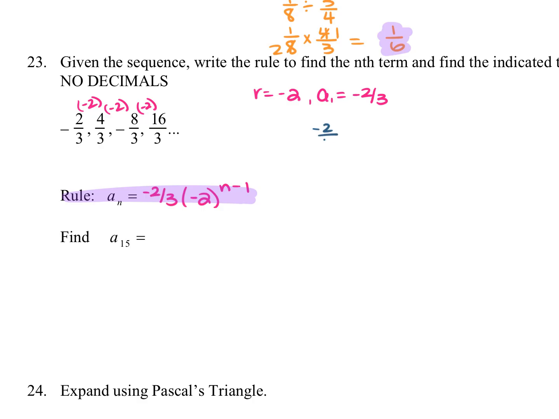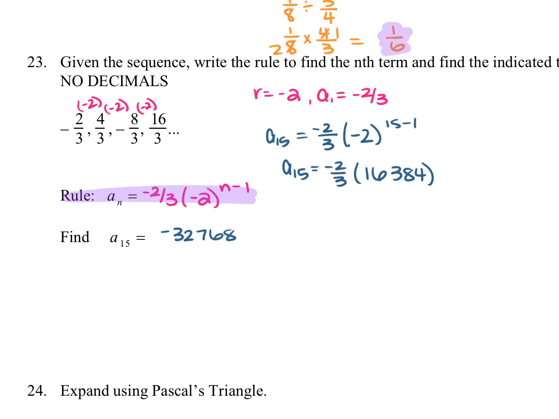So it's going to be negative 2 over 3 times negative 2 to the power of 15 minus 1. 15 minus 1 is 14. Negative 2 to the 14th power gives us a sub 15 is equal to negative 2 over 3 times 16,384, which then simplifies to give us our 15th term equaling negative 32,768 over 3.